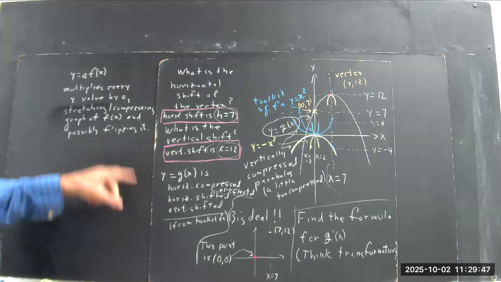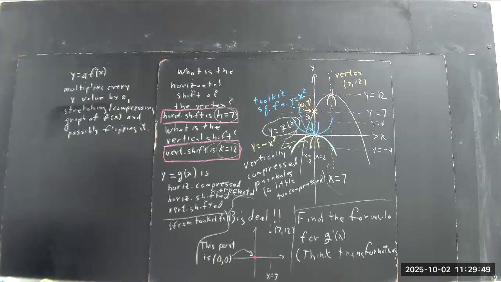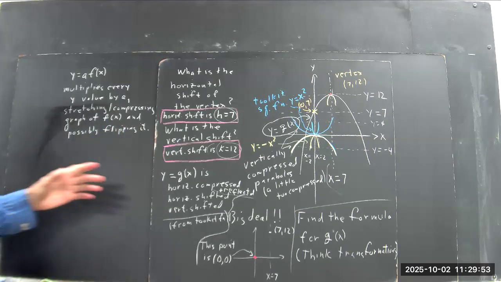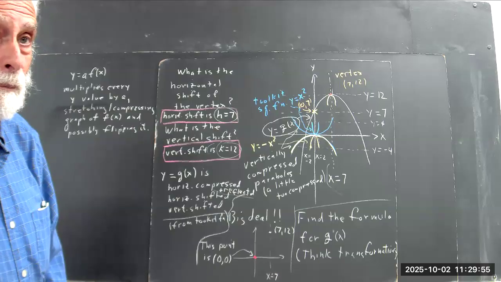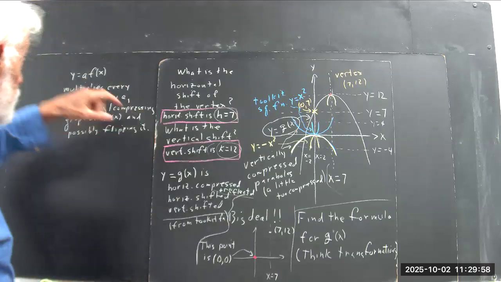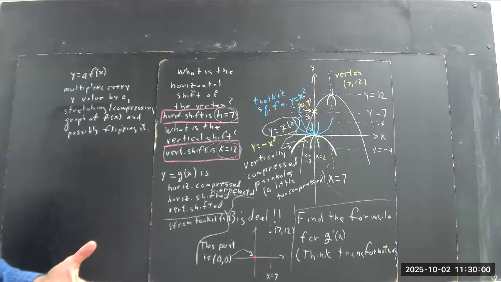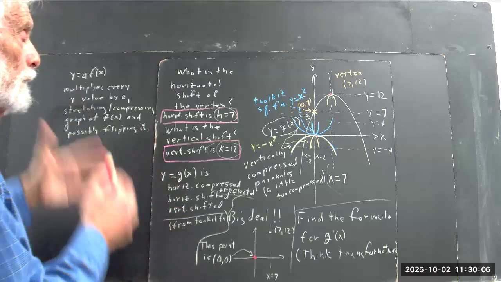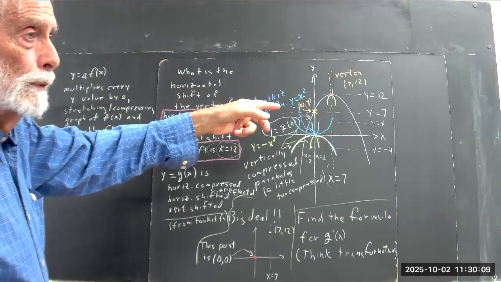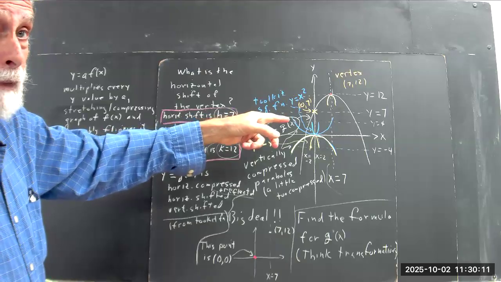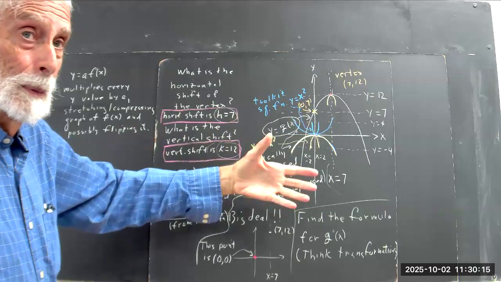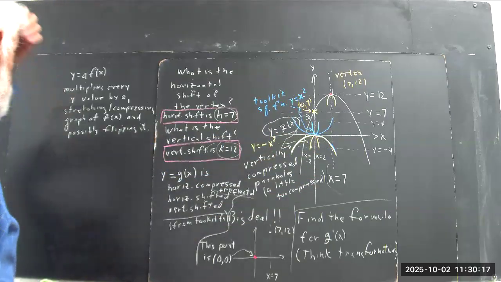It's quicker to write flipping, takes up less board space. Now, in this case, it does flip, which means that a is going to have to be negative. We know that. But we don't know what a is going to be. We don't have a good way of figuring that out looking at the information we're given. We do have a good way, but we're going to develop that. And it's actually fairly simple.